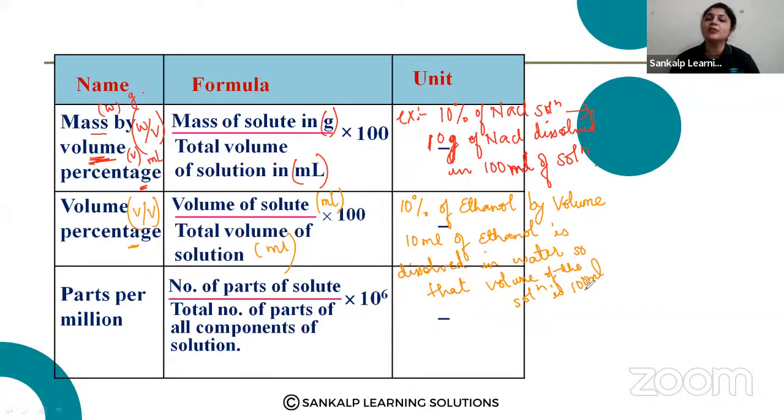So totally it will become 100 ml. You have to dissolve 10 ml of ethanol in water so that the total volume of the solution is 100 ml.